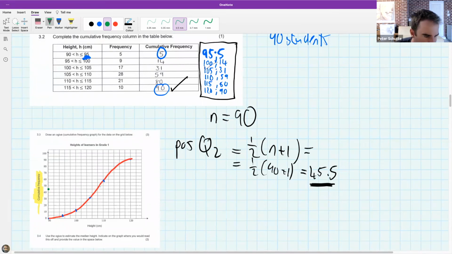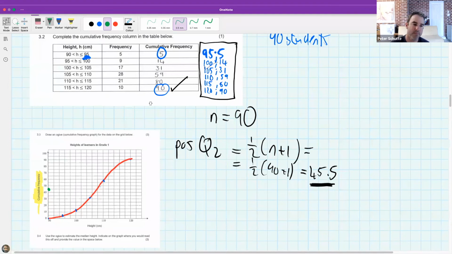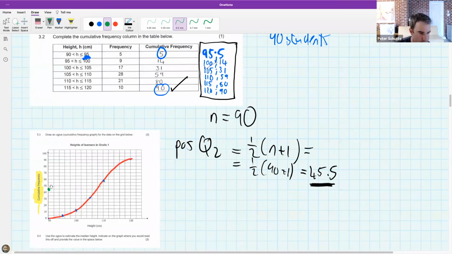So can anybody tell me, maybe in the chat or raising your hand, how am I going to take this position on the vertical axis and connect it to the actual median height? Let's go to Kwezi. Kwezi, what do you think we need to do? So we're going to draw a line to the ogive, and then what type of line? A straight line.